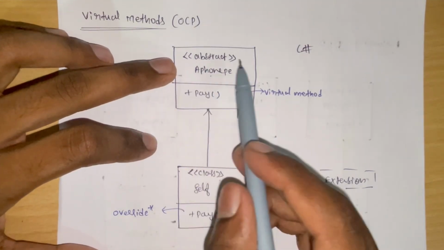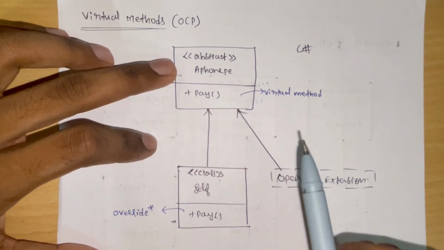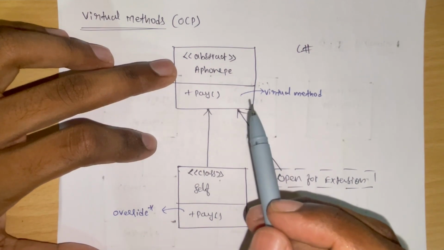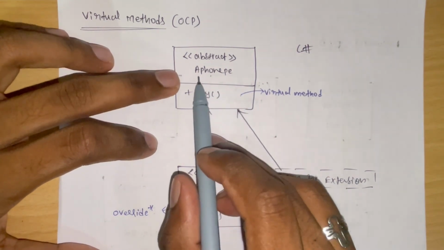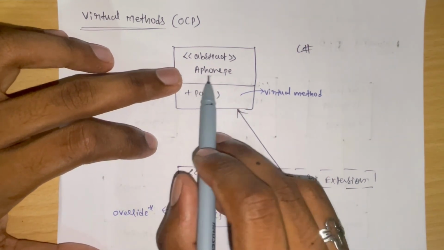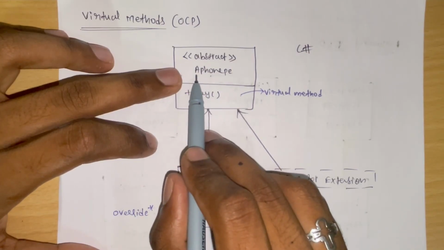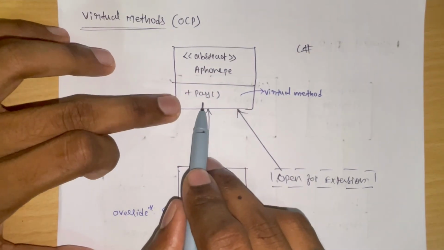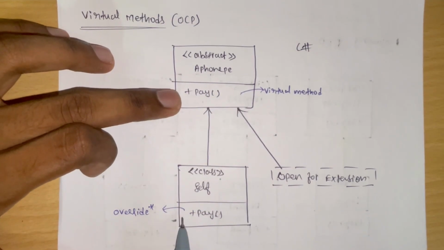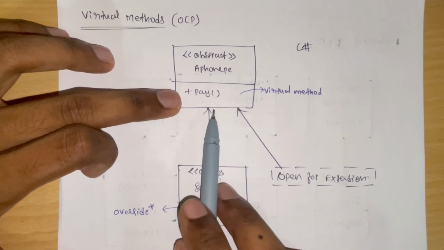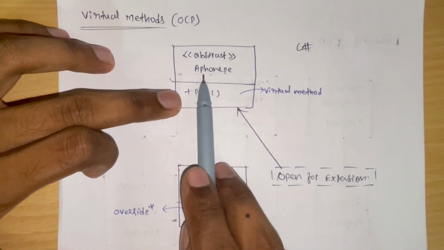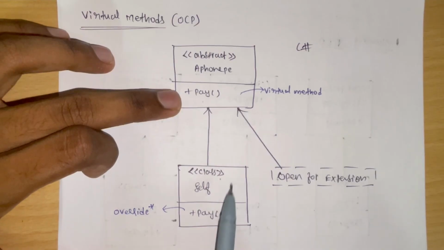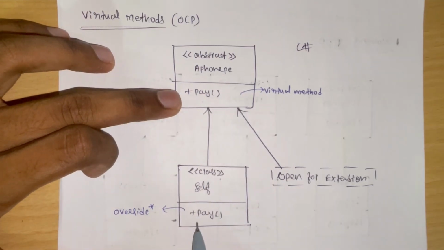You can take an abstract class. Now I have an abstract class APhonePay, which has a method called pay. Now here self is extending APhonePay. Now it must implement pay.